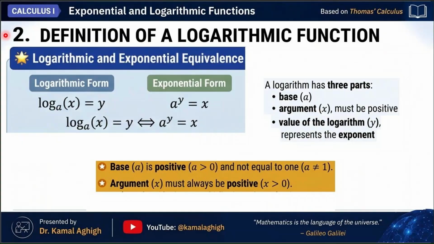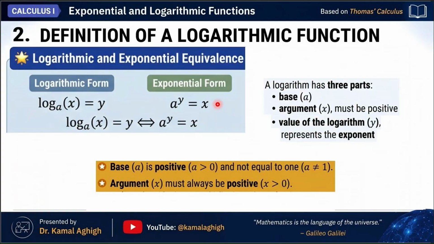Let's write a formal definition. A logarithmic function is written as y equals logarithm base a of x, where a is positive and not equal to 1. This equation is completely equivalent to the exponential equation a to the power of y equals x.